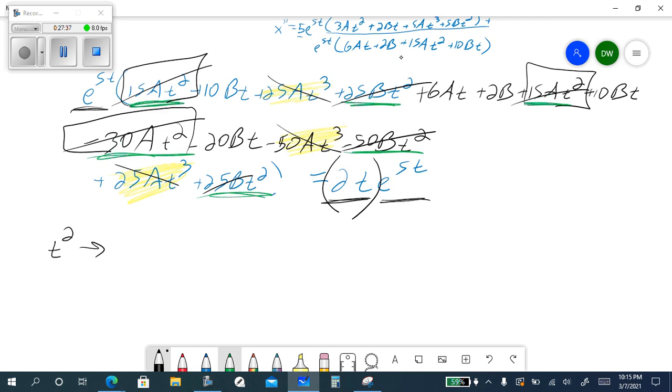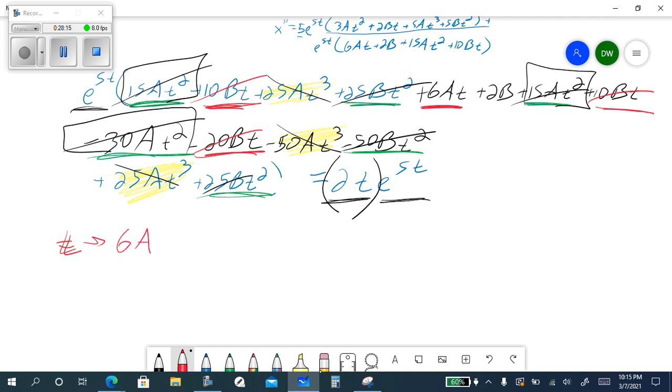So then let's go down to our t terms. So here's a t term, here's a t, here's a t, here's a t. So for the bt's, here's 10bt plus 10bt, that's 20bt minus 20bt, so those cancel. So that leaves us with, for our t, we're left with a 6a.